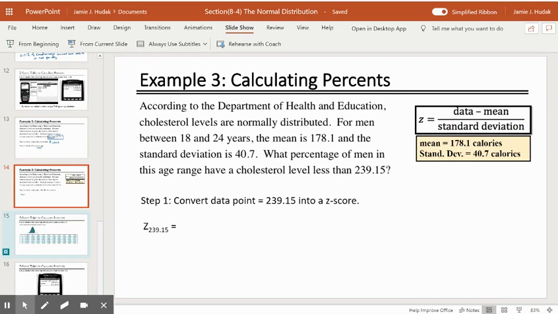So we're converting our data point into a z-score. So we have 239.15 minus 178.1 divided by 40.7.